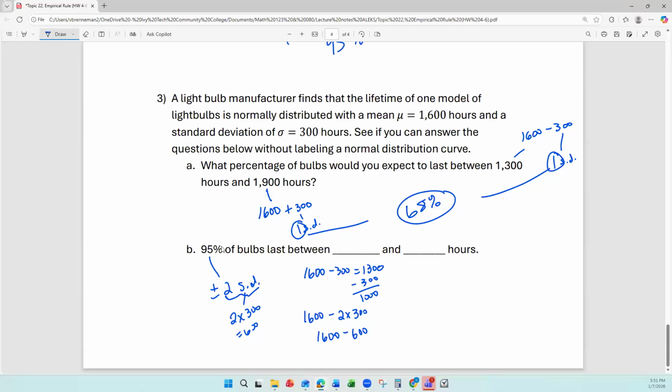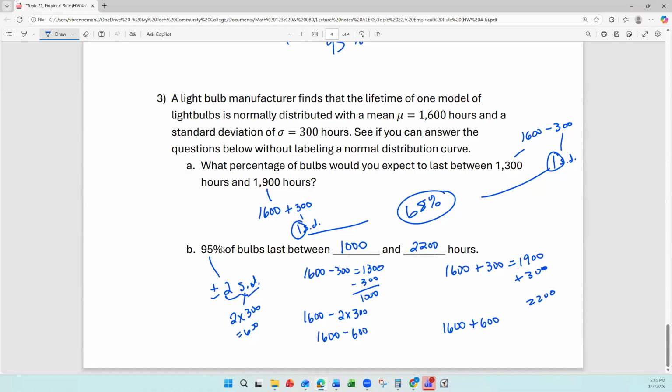So you're going to take 1600 minus 600 on one side, 1600 plus 600 on the other. Or you could do it one at a time. So 1600 plus 300 is 1900, plus another 300 is 2200. Either way, it's 1000 and 2200.